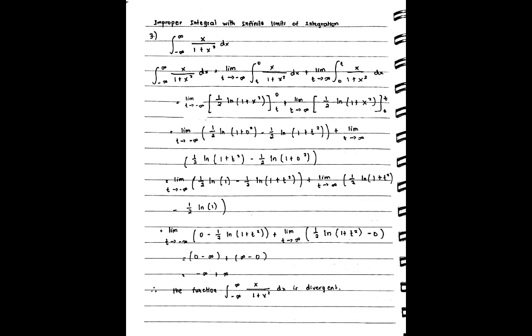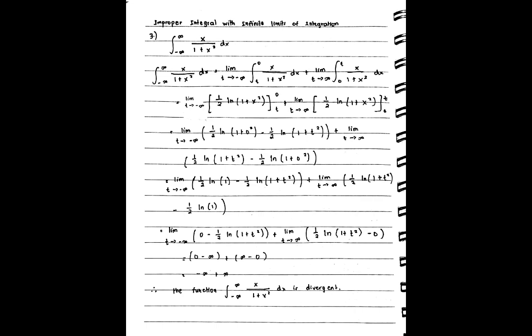So we have now the limit as t approaches negative infinity of 1/2 ln(1 plus 0 squared) minus 1/2 ln(1 plus t squared). So we apply our boundary. And for the next, the limit as t approaches infinity of 1/2 ln(1 plus t squared) minus 1/2 ln(1 plus 0 squared).